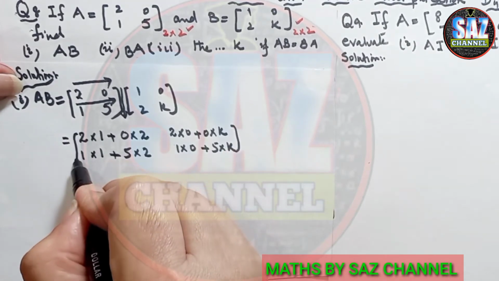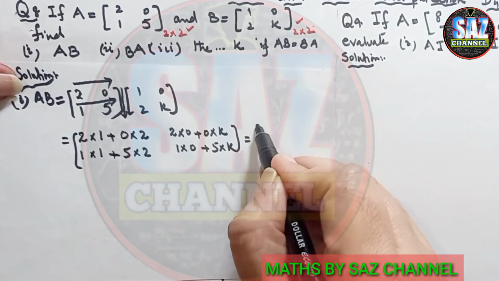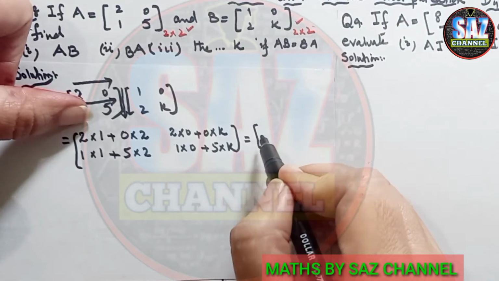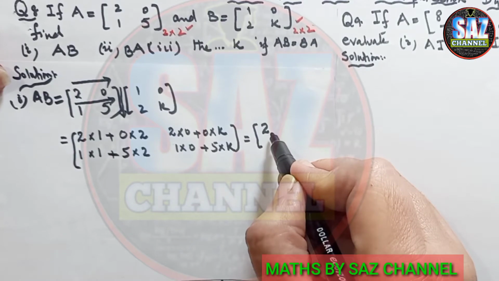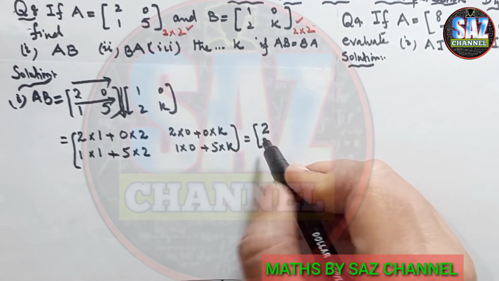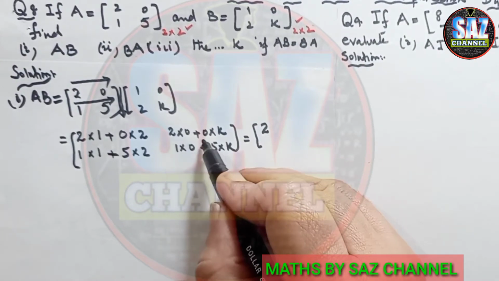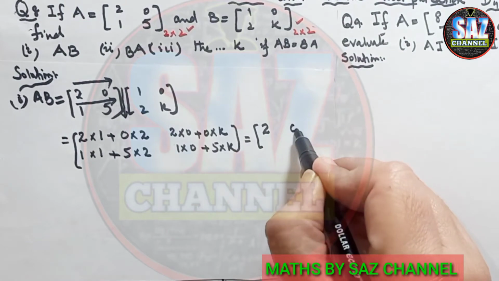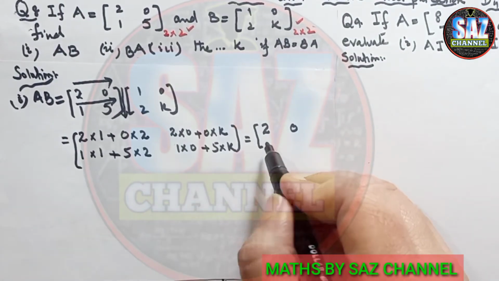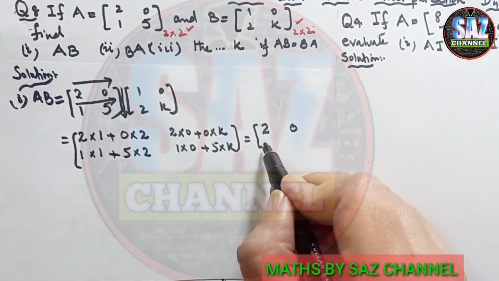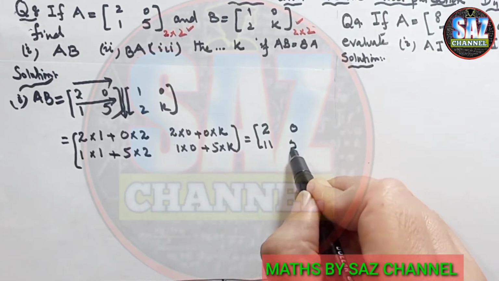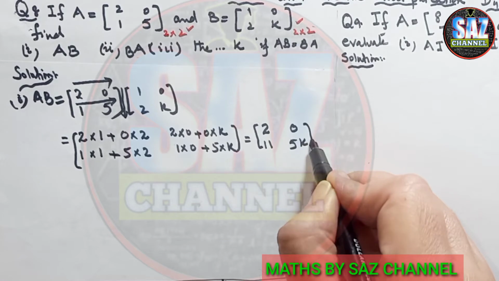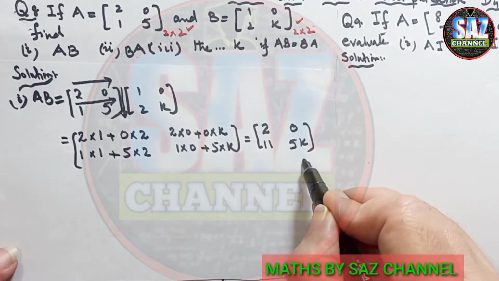Now the result takes the form: 2 multiplied by 1 is 2, 0 multiplied by 2 is 0, so I leave that. Then 0 multiplied by k is 0, so 0 plus 0 gives 0. Then 1 multiplied by 1 plus 5 twos, which are 10, gives 11, and this is 0 and 5k. I hope you are clear about the product AB.